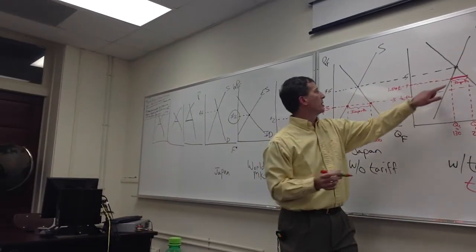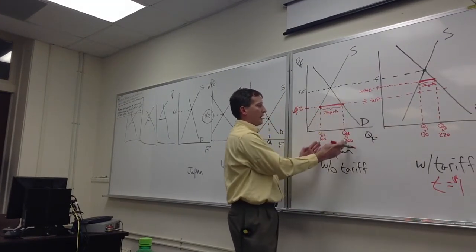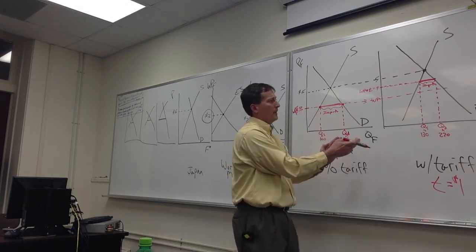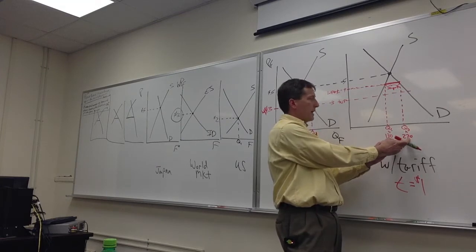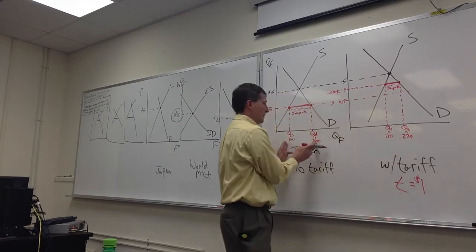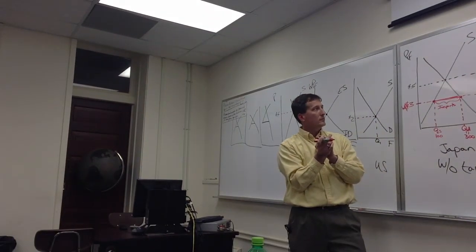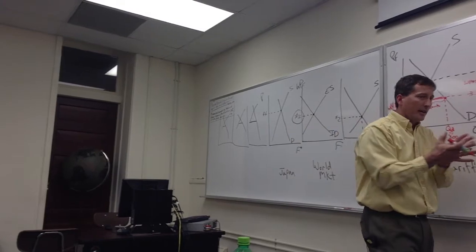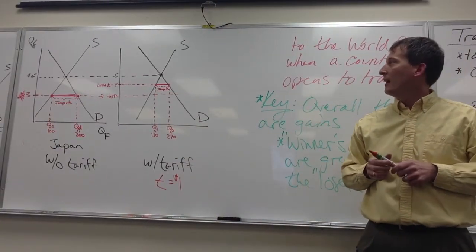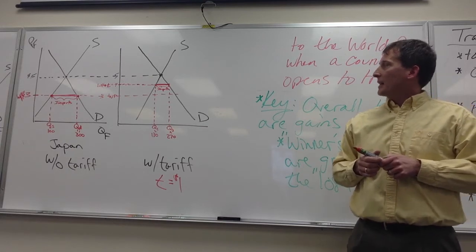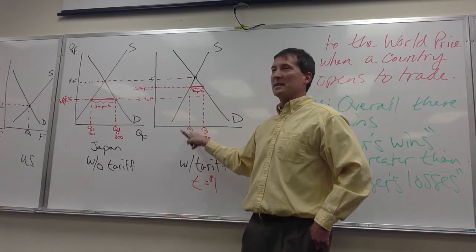I'm getting a little small there, but hopefully you got the gist of it here. So here we had 200 units coming in. Now how much is being imported? 140. So imports have gone down to 140. Well, that sounds good, except for the consumers, right? So that's the effect of a tariff. Less imports, more domestic production.